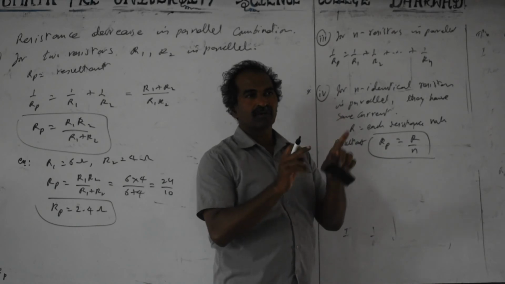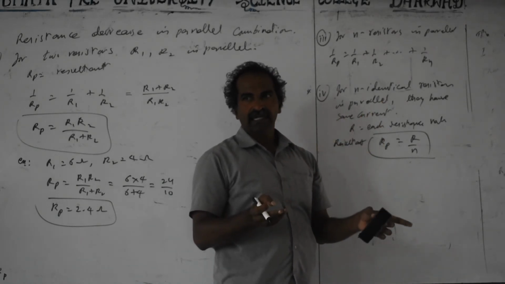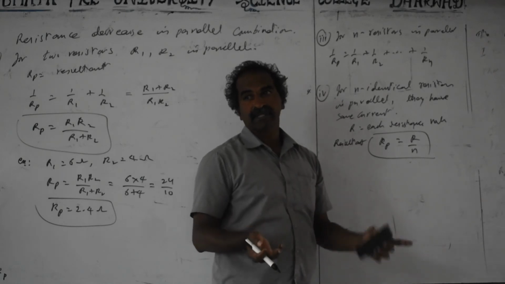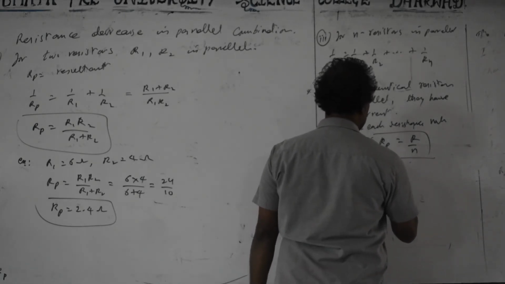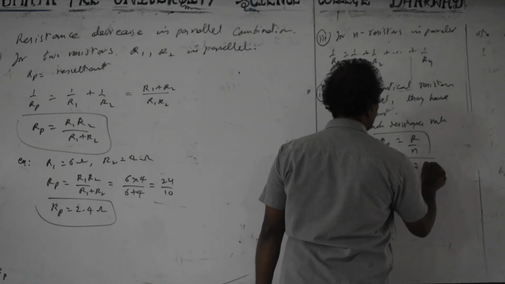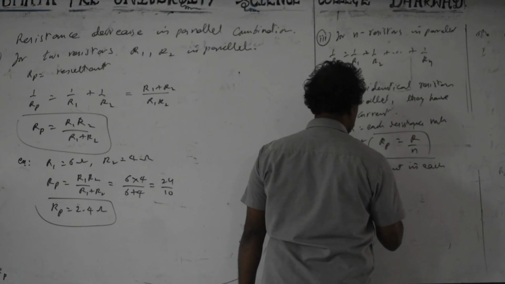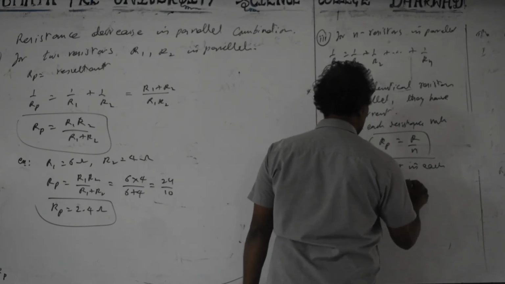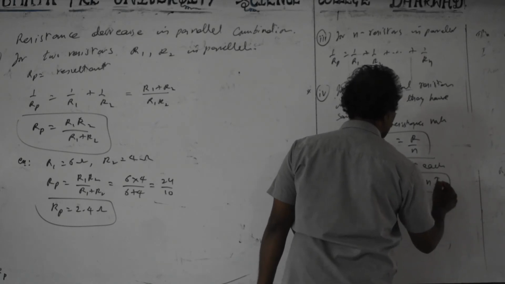For 2 identical resistors, I equals I1 plus I1, that is 2I1. Like that, for n resistors, n times I naught, the current in each. Then the total current I equals n into I naught, and the current in each is I1.